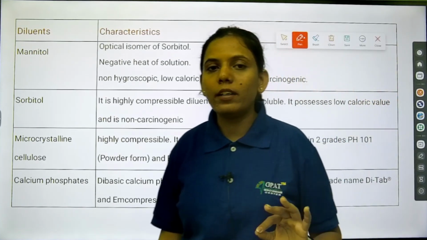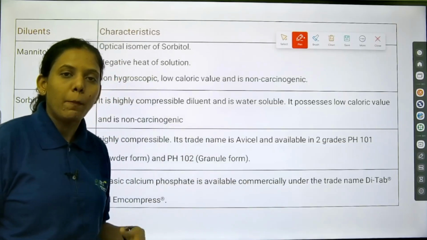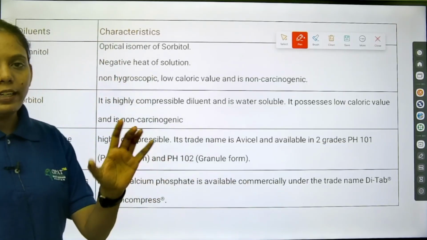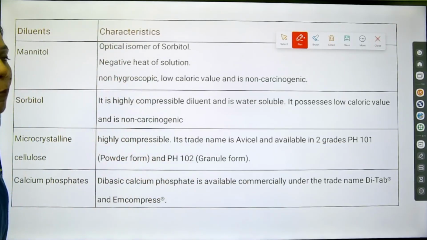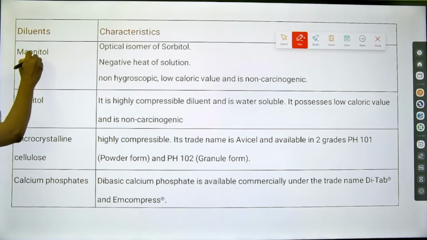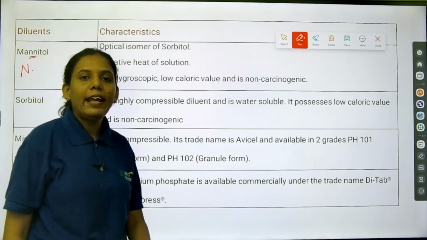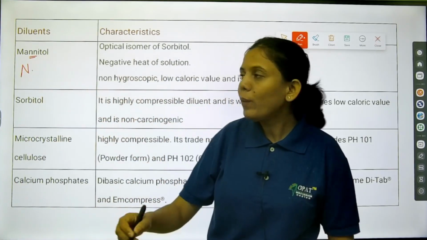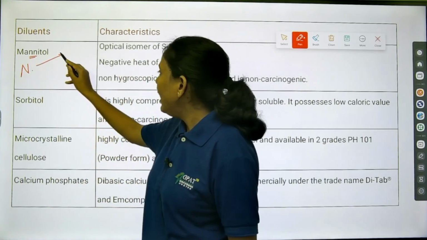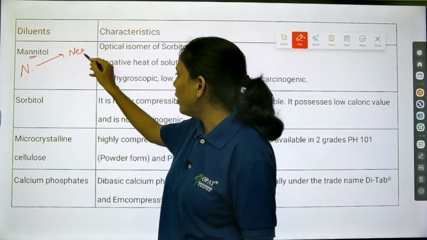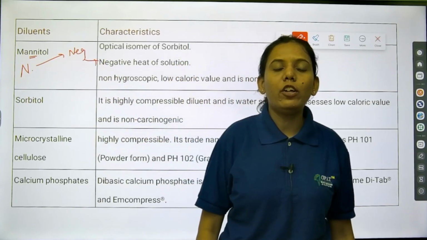Very important thing about the mannitol you have to remember, but I will tell you the trick of how to remember the important points regarding mannitol. Which letter is repeated in mannitol? That is letter N. From that you can remember it has negative heat of solution.